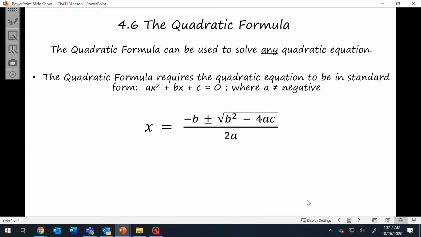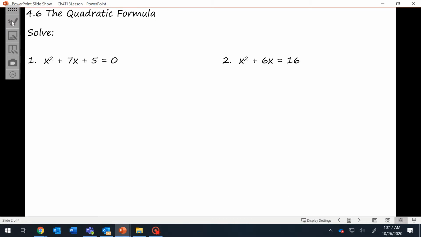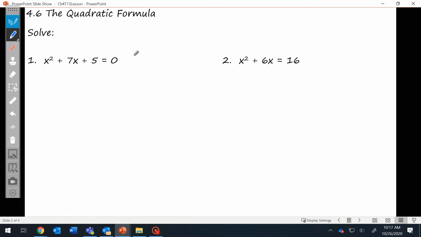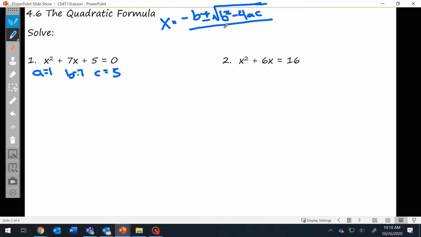All right, let's practice using this formula to solve some quadratics. So this is equal to 0, and the a value is positive, so we can use it on this: 1, 7, and 5. Our formula: negative b plus minus square root b squared minus 4ac, all of this over 2a.